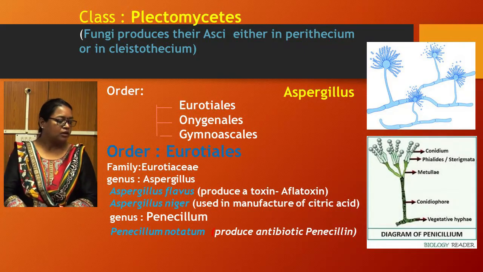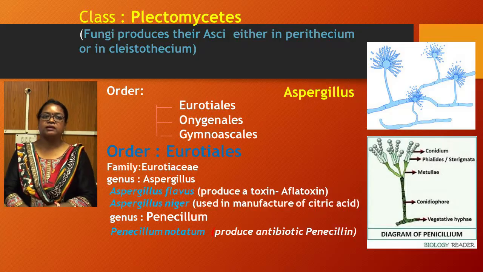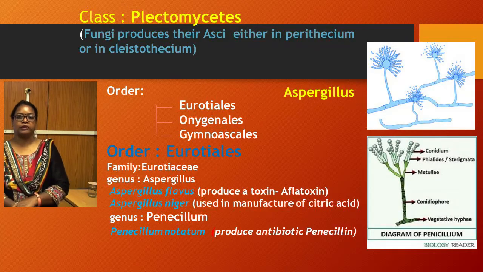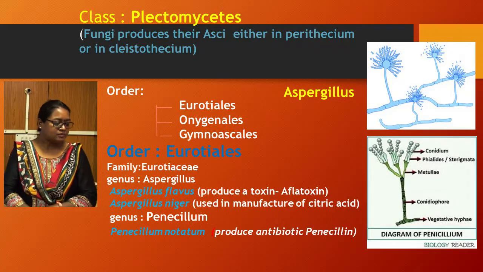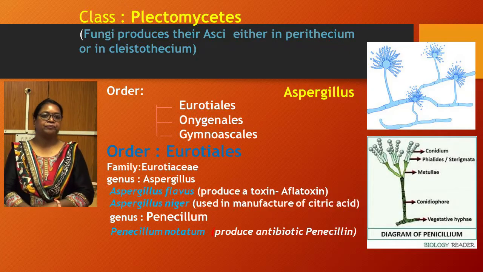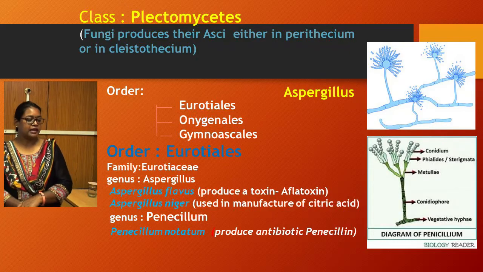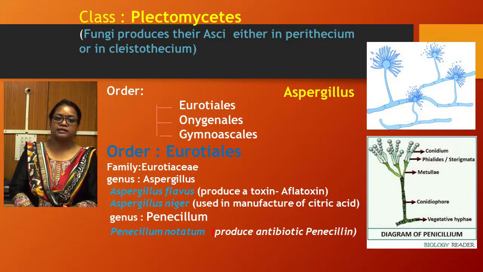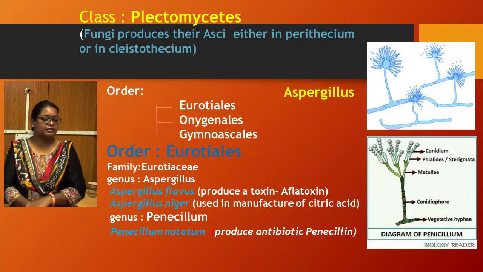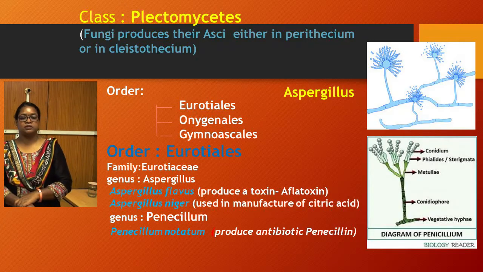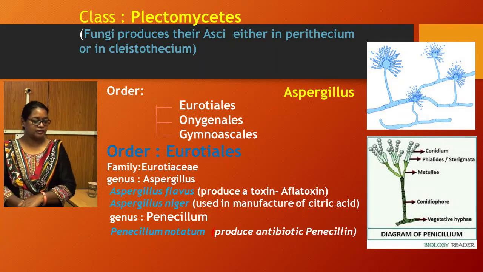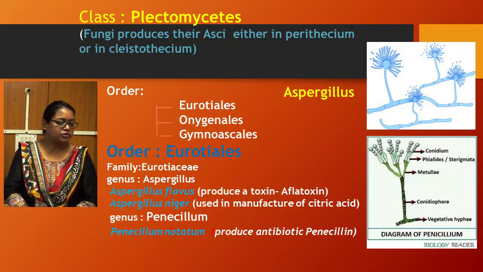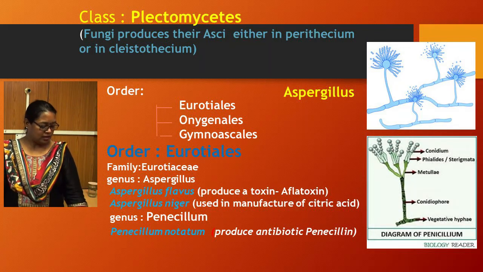The first order, Eurotiales, has the family Eurotiaceae. In the family Eurotiaceae, 2 important genera are Aspergillus and Penicillium. In the genus Aspergillus, Aspergillus flavus produces a toxin, aflatoxin. Aspergillus niger is used in the manufacture of citric acid. In the genus Penicillium, Penicillium notatum produces an antibiotic, penicillin.